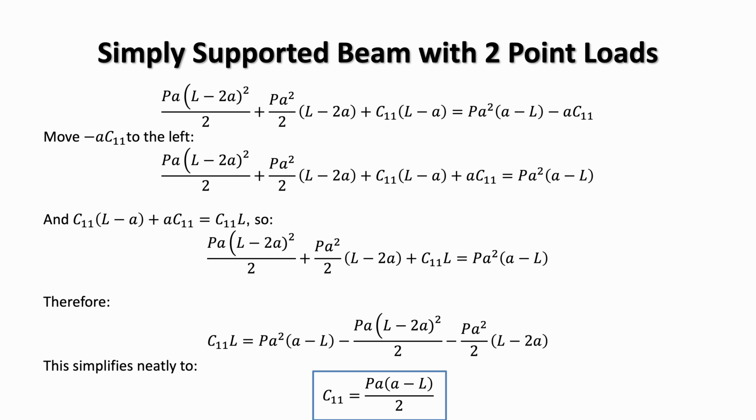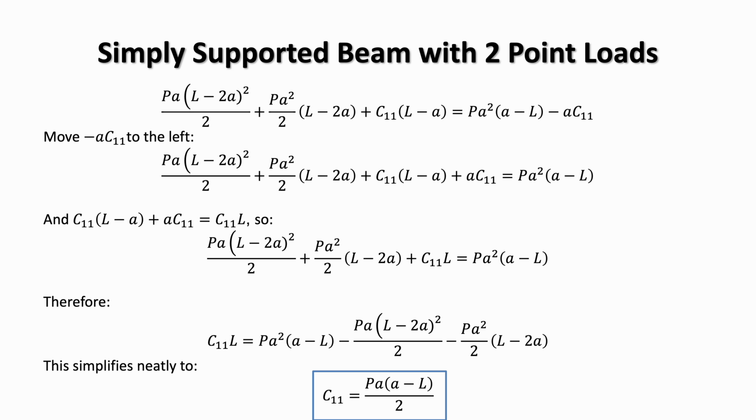So starting from the previous line, we move the term minus C11 from the right to the left. Then we combine the terms involving C11 and rearrange the expression to isolate C11. Moving the known terms to the right-hand side gives us that C11 times L equals PA squared times, in brackets, A minus L, minus PA times, in brackets, L minus 2A, all that squared, divided by 2, minus PA squared over 2 times, in brackets, L minus 2A.